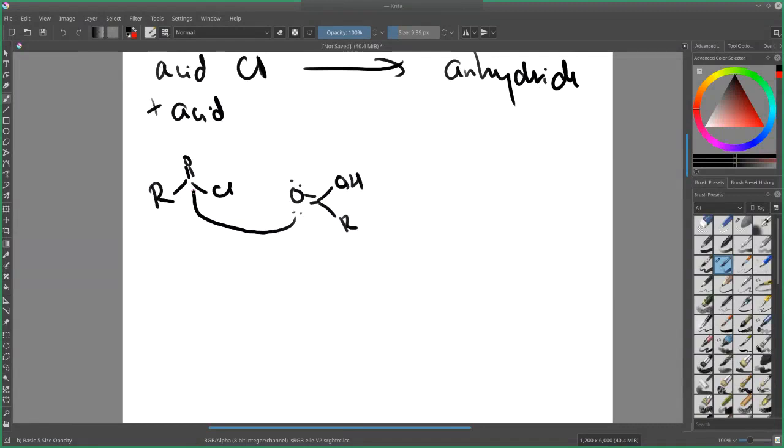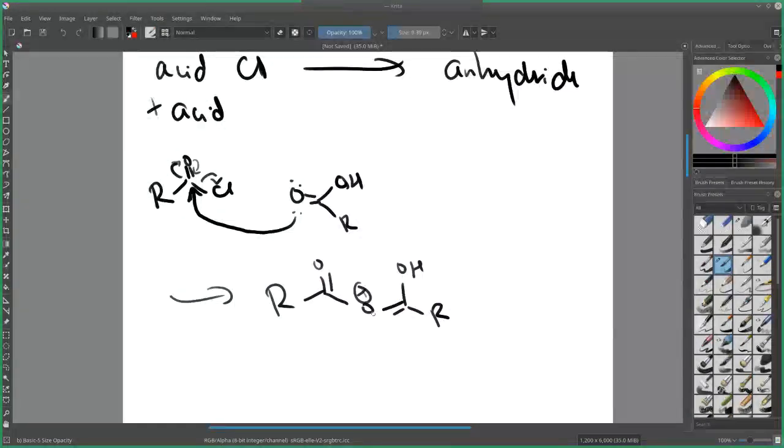This carbonyl attacks up to here, does this whole thing and kicks off that chloride. So what you wind up getting is, oops, this will be a carbonyl, and then you'll have something that looks like that, right? And this is a plus charge now.